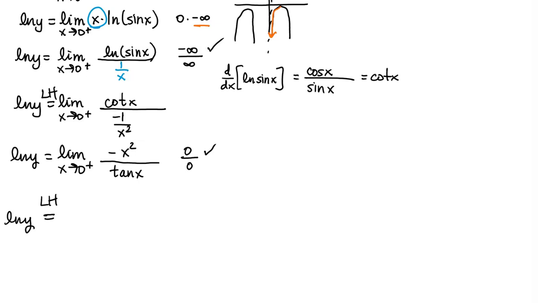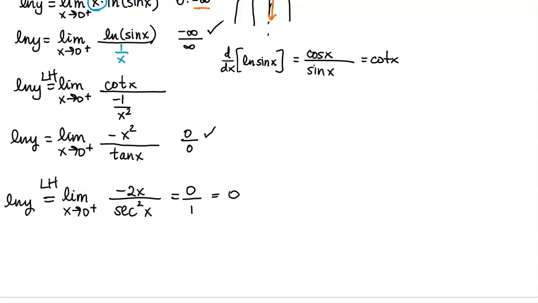So now we take the derivative of what we have in the numerator, simple power rule, leaving us with negative 2x, and we take the derivative of what we have in the denominator, and the derivative of tangent is secant squared. Now, if we come in and apply direct substitution, we get a 0 in the numerator and a 1 in the denominator, which leaves us with a final answer of 0 for natural log of y.